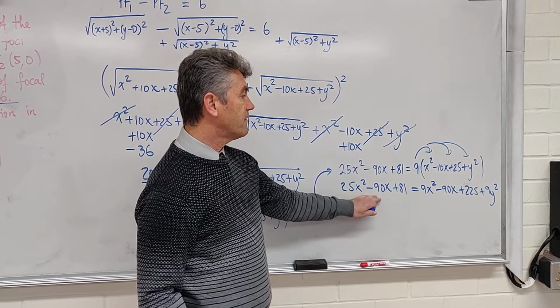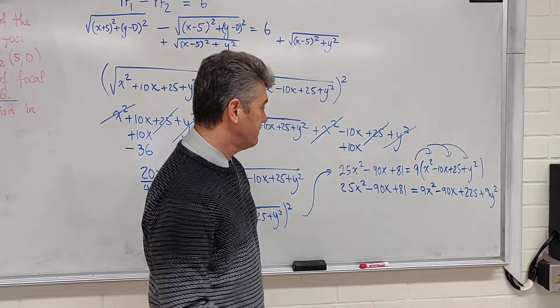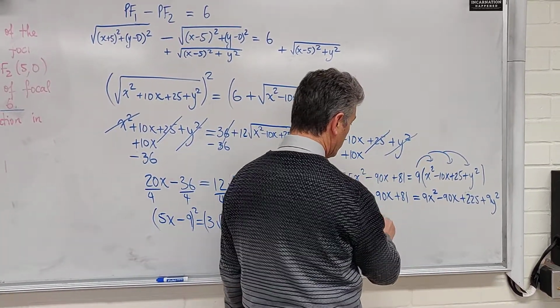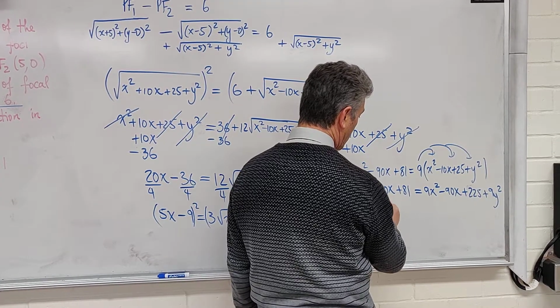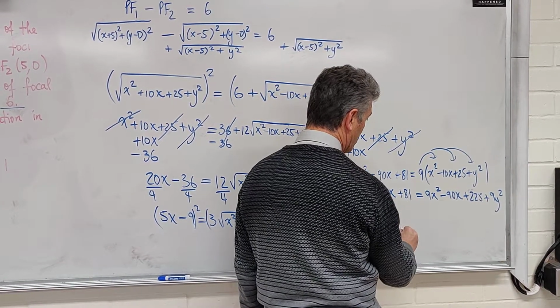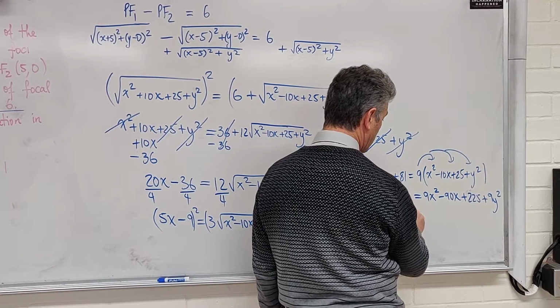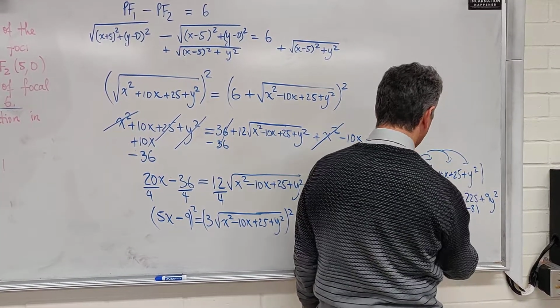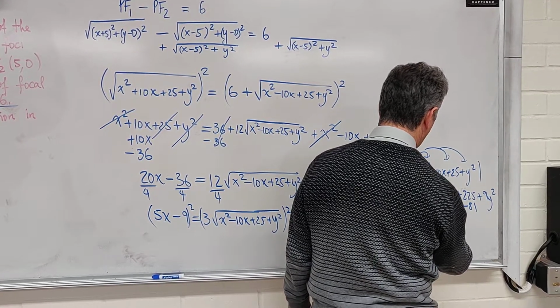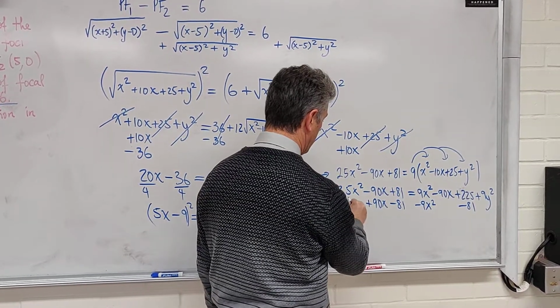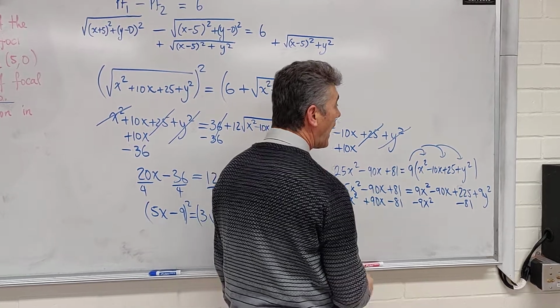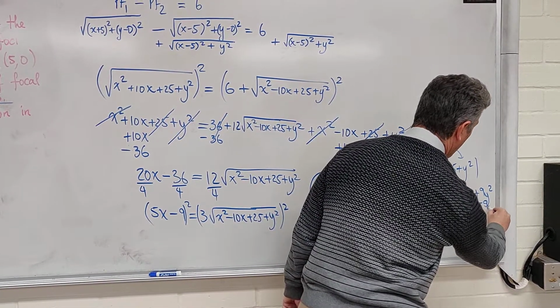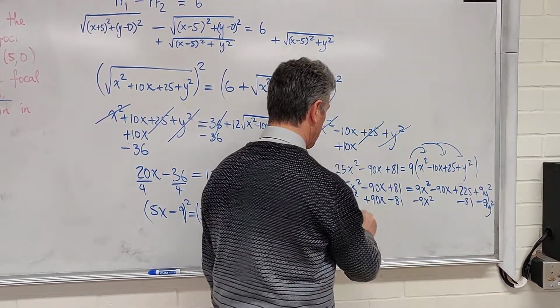Notice that we have a negative 90x on both sides. So, add 90x to both sides, subtract 81 from both sides, subtract 9x squared from both sides, and subtract 9y squared from both sides.